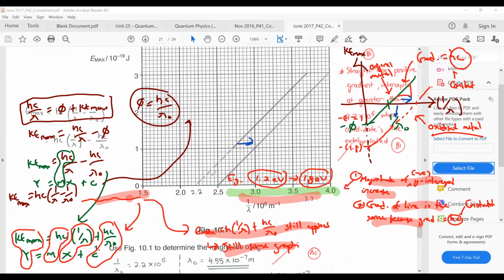Make sure it's drawn towards the right and it still maintains the same gradient. The easy thing for you to do is pick 2 points on your graph, maybe this one and this one. If you shift this one by say 6 units, the other point, you also make sure you shift by 6 units. So you have 1 point here, 1 point here. Then you just draw the straight line graph.